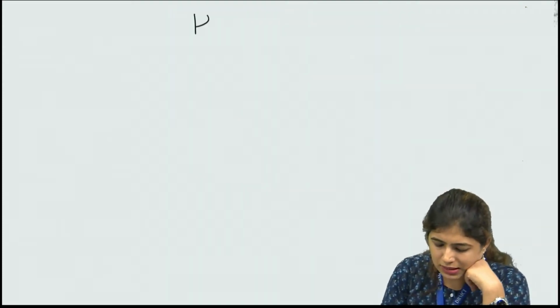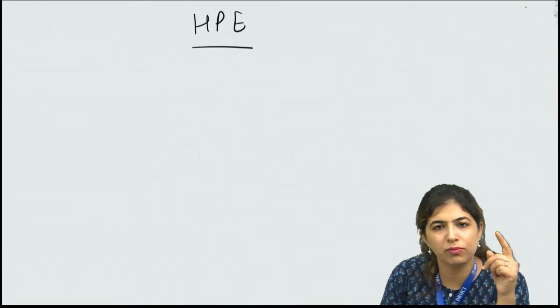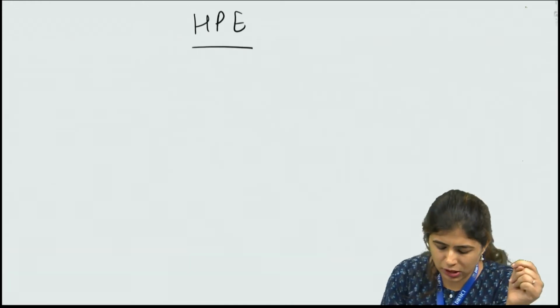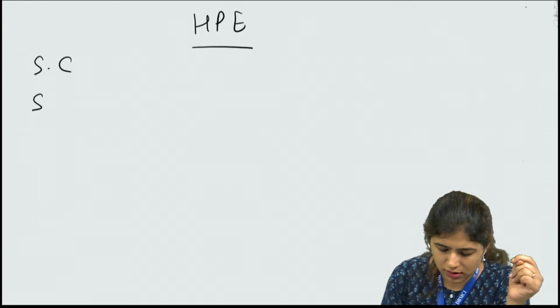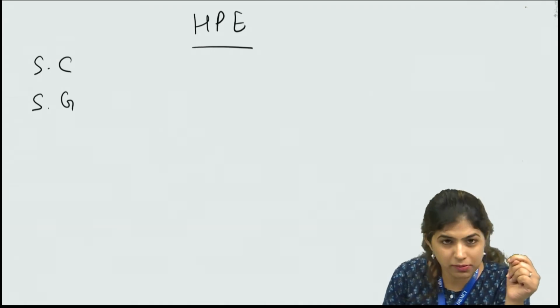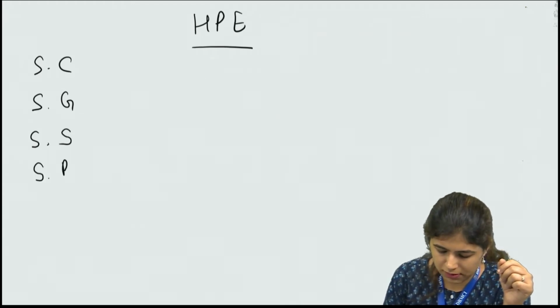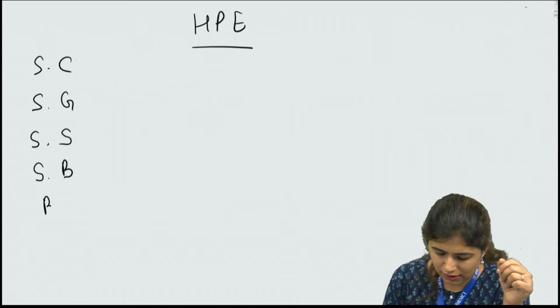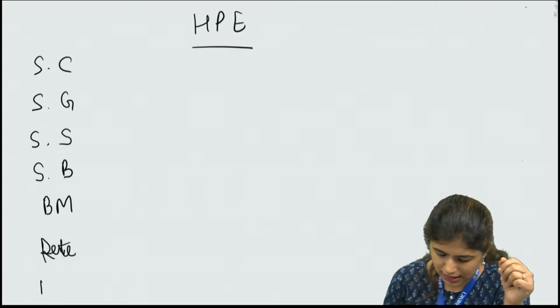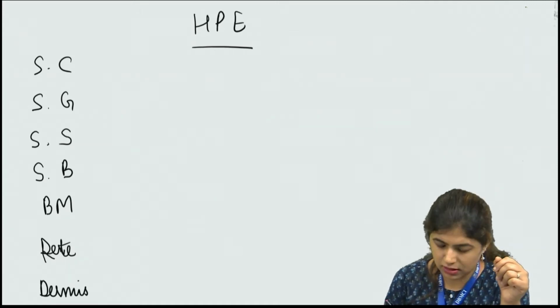When we discuss the histopath, we will always go from top to bottom so that you remember it well. What are the layers top to bottom? Stratum corneum, granulosum, spinosum, stratum basale, then we have a basement membrane, rete, and the dermis.